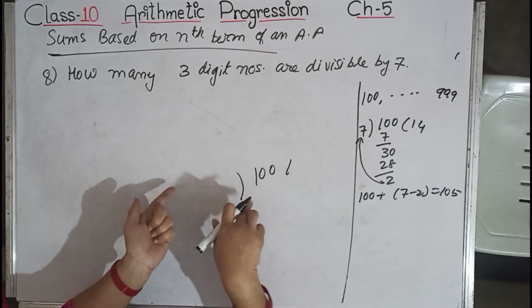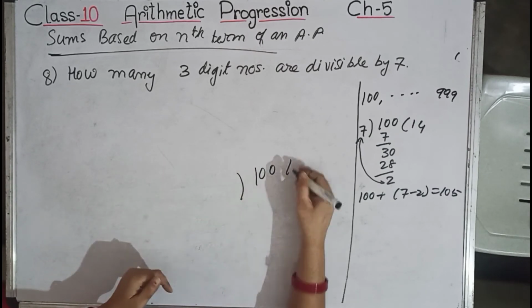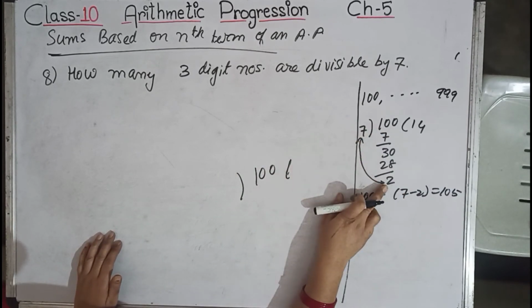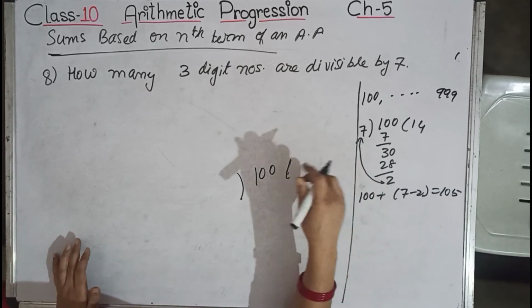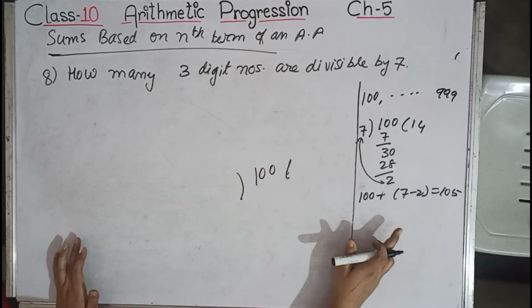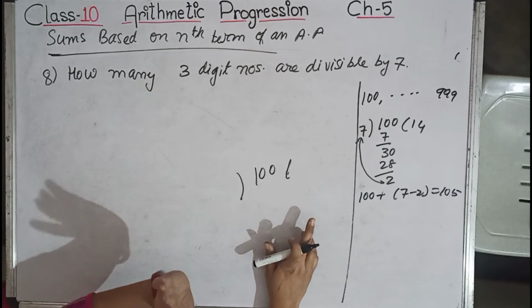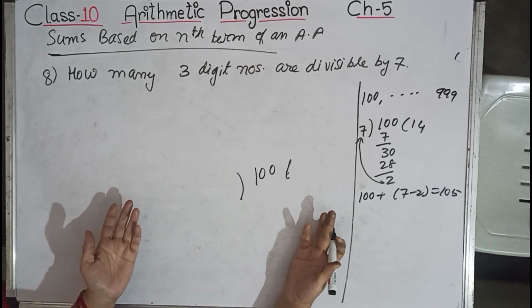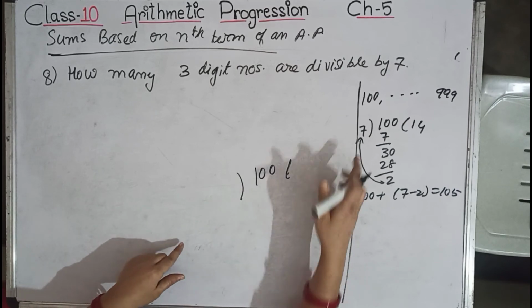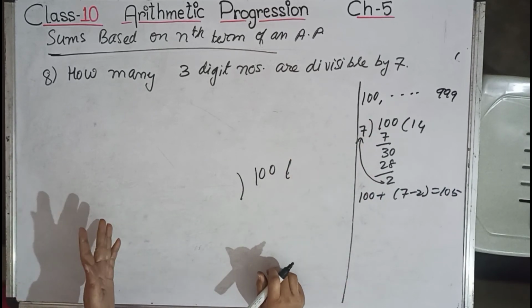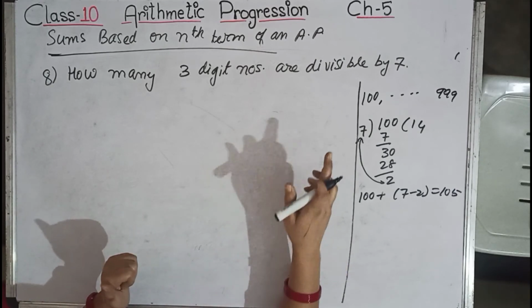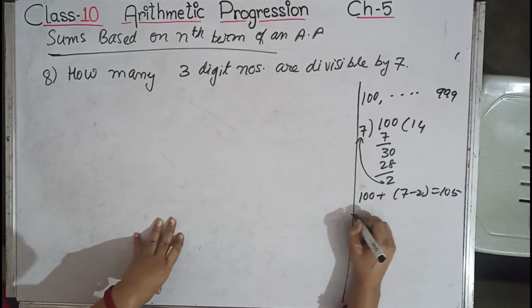For that we will divide 100 by 7, whatever is the remainder, we take 7 minus that remainder, that is 5, and if I add 5 to 100, that is 105, the first 3-digit number which is divisible by 7. If it were a 2-digit number, the last 2-digit number divisible by 7 would obviously be 100 minus 2, that is 98. So I think now you understand what I want to say. So the first 3-digit number divisible by 7 is 105.